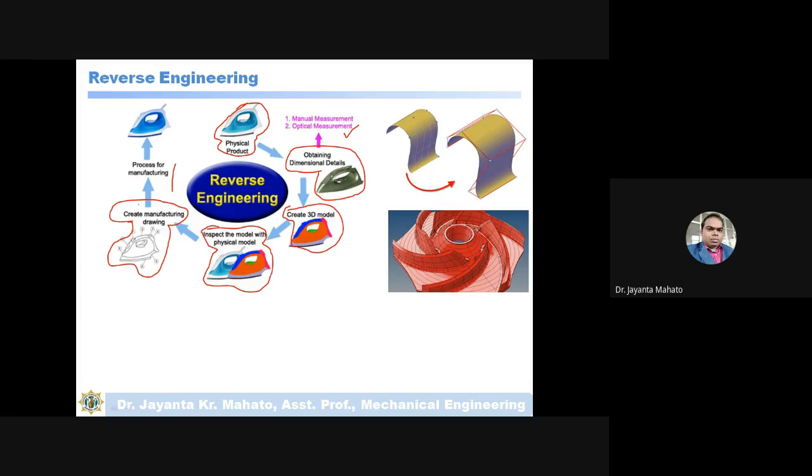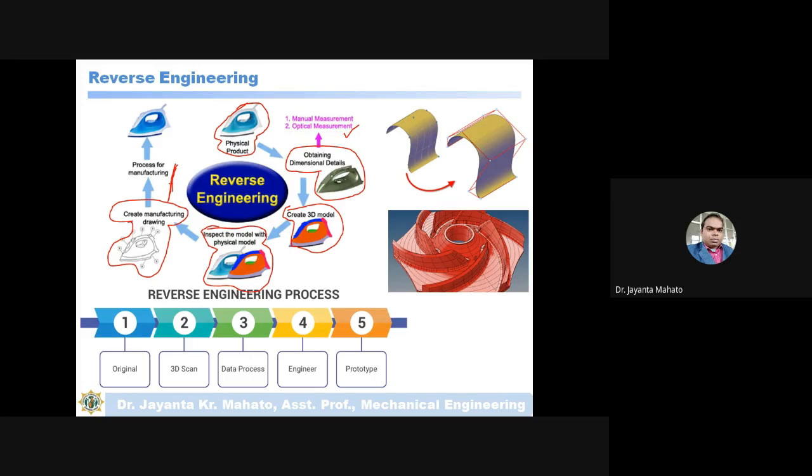So from this drawing, you will get the three-dimensional data, and this three-dimensional data is required in a rapid prototyping process. So in reverse engineering, these are the sequences: first, the original product has to be scanned with a 3D scan. 3D scan means physically measuring all the dimensions along both directions.